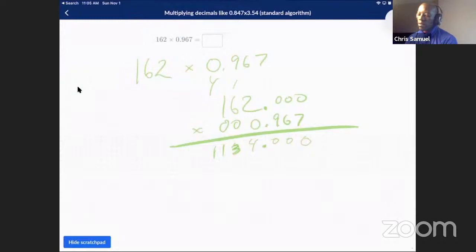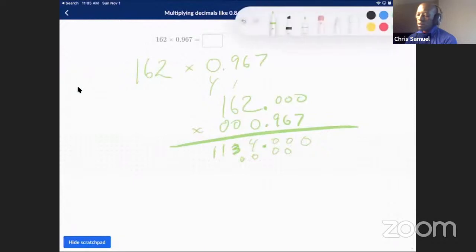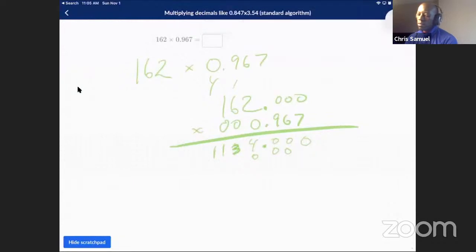And then we do the 0, and we do 3 zeros there. And we have a 0 over here as well. Wait, I'm confusing myself. 0, 0, 0, 0, 0.